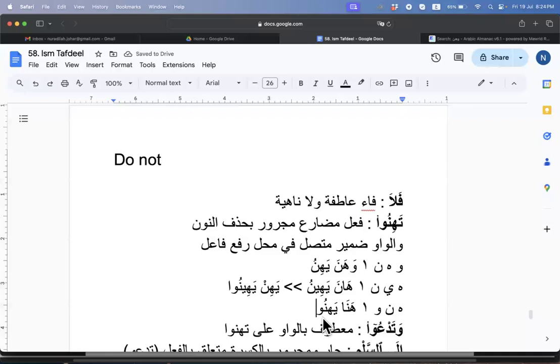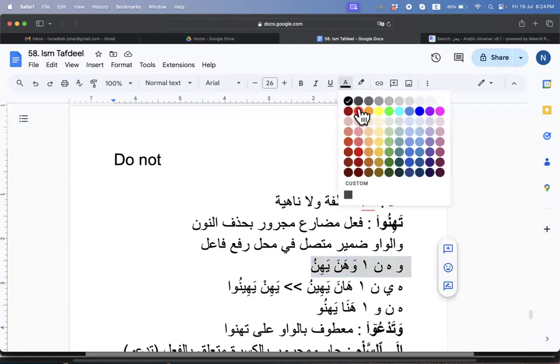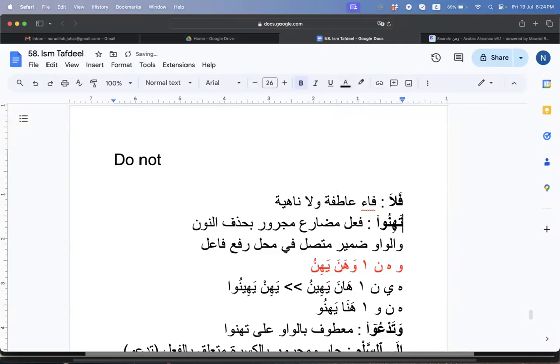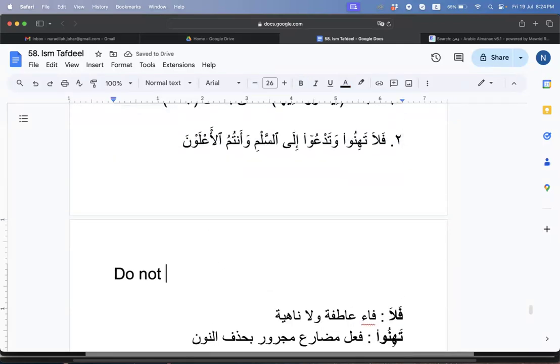Here also the waw would have been deleted, but the nu ending would be the same, but ha would not have a kasrah. Here we have tahinu. So it cannot be nakis, it cannot be ajwaf, it must be misal here. So then do not be frail or weak. Do not be weakened.